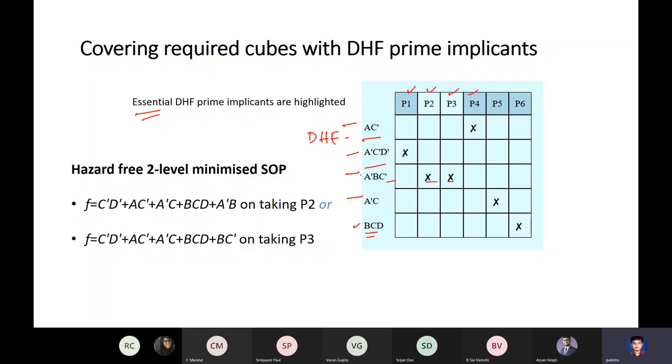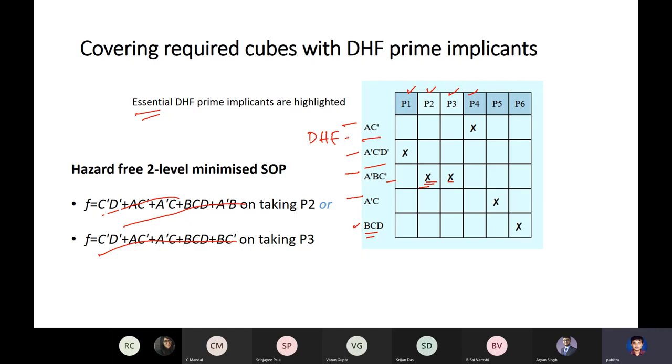If you have P2 and the rest, you will have this realization, and if you take P3, you have this realization. So these are the two possible realizations in sum of product form, and both are hazard free.